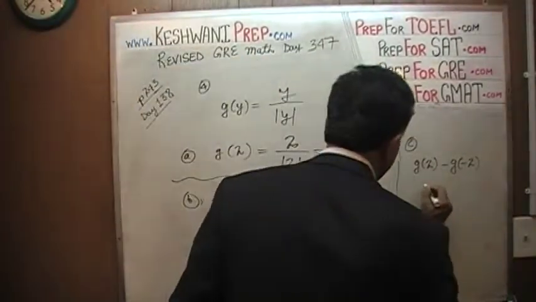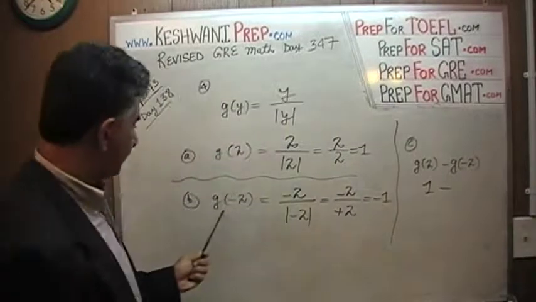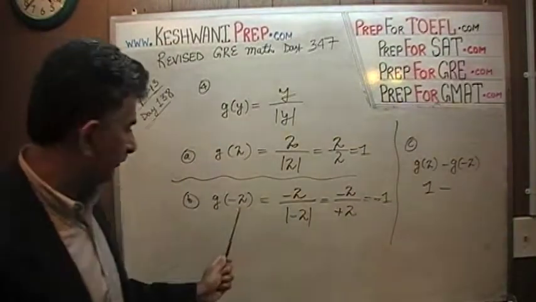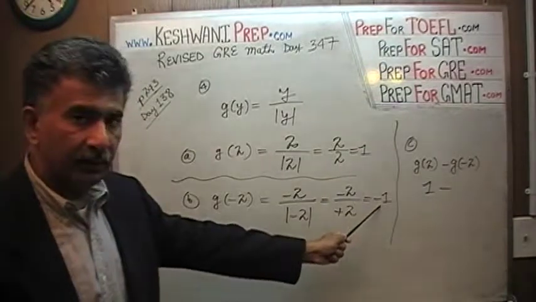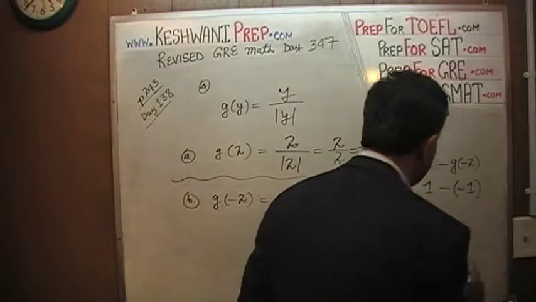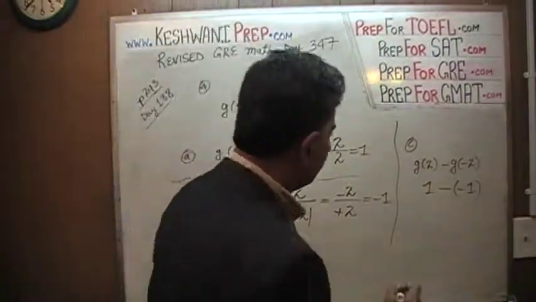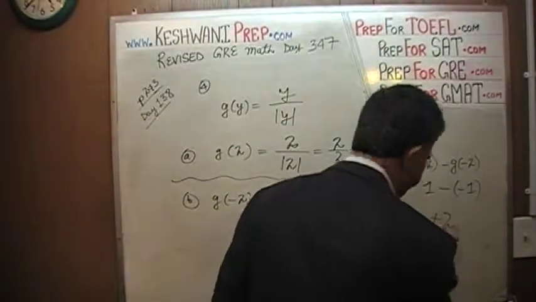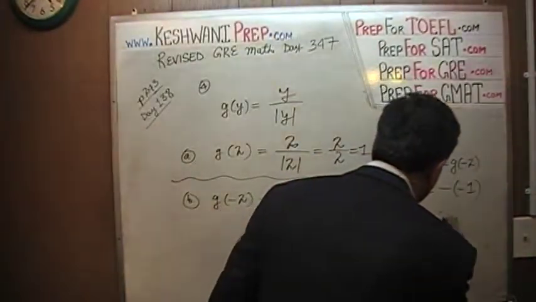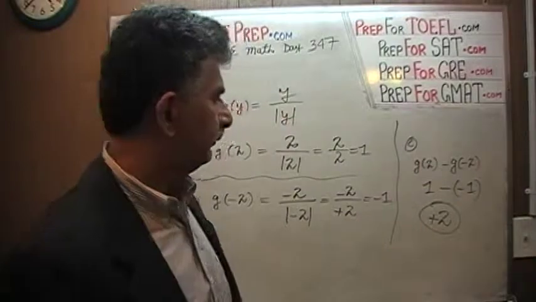So it's 1 minus g of negative 2. g of negative 2 we just found out is negative 1. So it is 1 minus a negative 1. 1 minus a negative 1 gives us 2. That's our answer to part C.